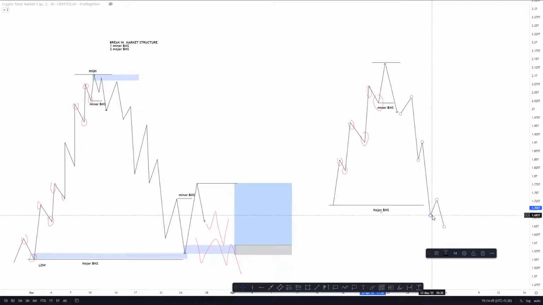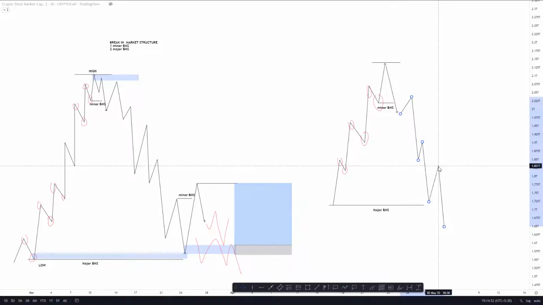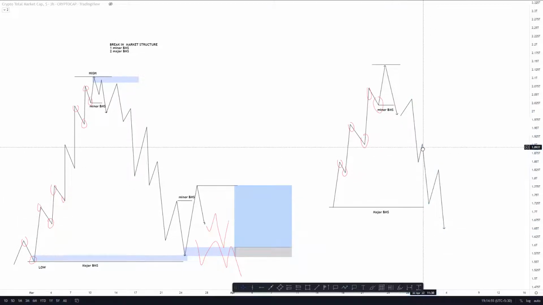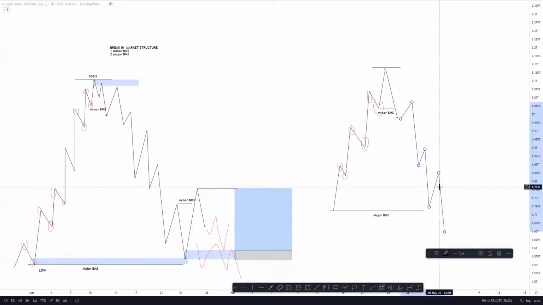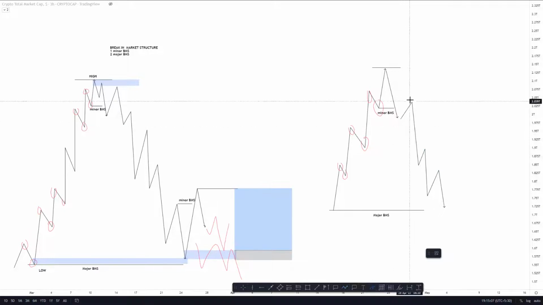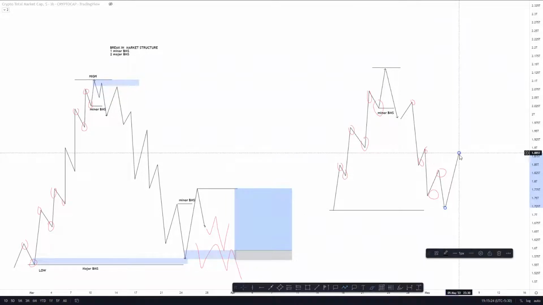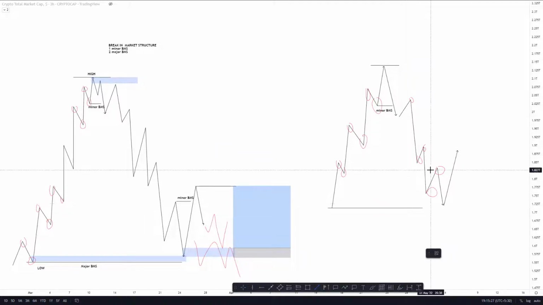If price fails to take out the last low and gives a pullback towards the upside, like this was our lower high, lower lows, lower highs, lower lows, then after getting this lower high, if price takes out this last lower high and makes another higher high, that's when I will call this a minor BMS.